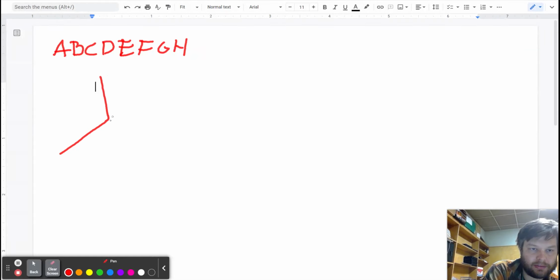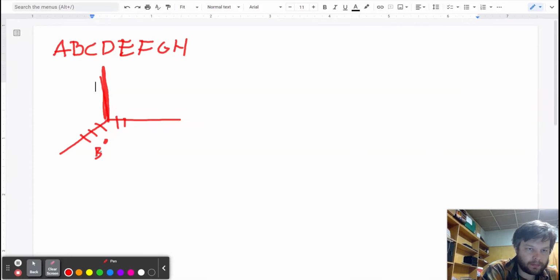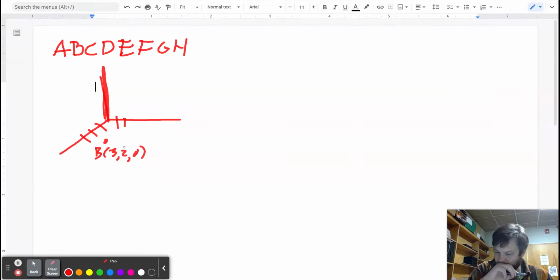I'm actually going to try to graph this out. So let's make that straight up and down. So we're given B is (3, 2, 0). So you go 3 steps over and then 2 steps this way. So right here, B, (3, 2, 0). C is (2, 3, 1).